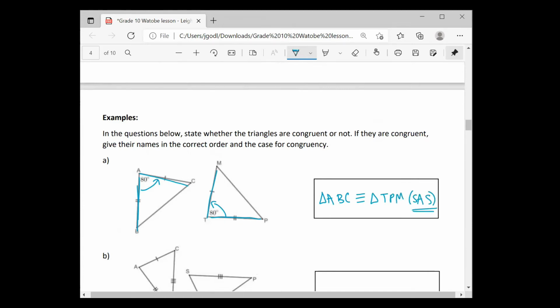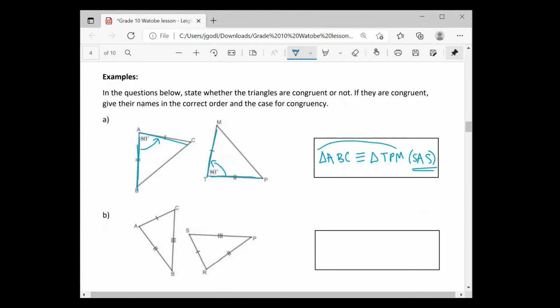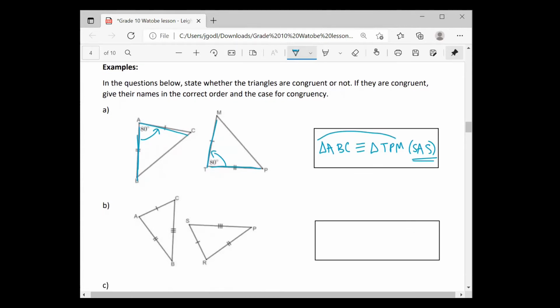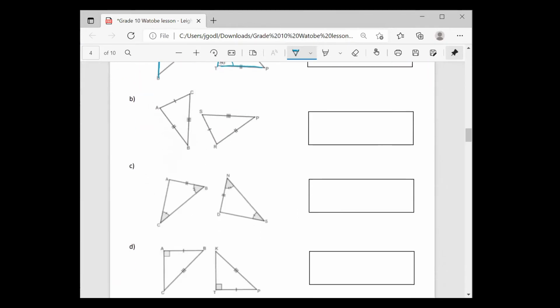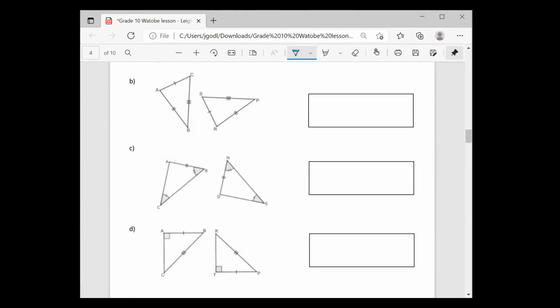So now we have to start giving those reasons over there. I'm not too stressed about you writing the sentence over here, but I really want you to be able to have the correct reason. So for these next three questions, I want you to give me which case of congruency it is. Is it going to be side, side, side?